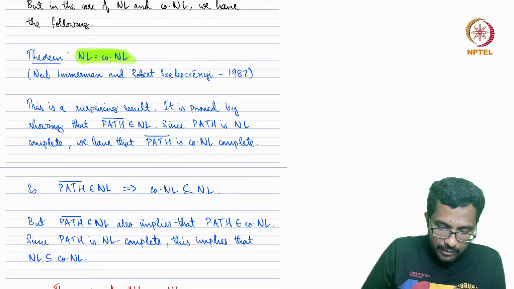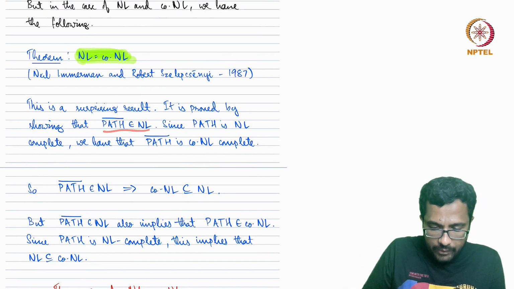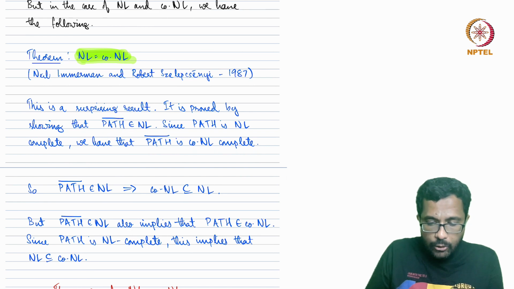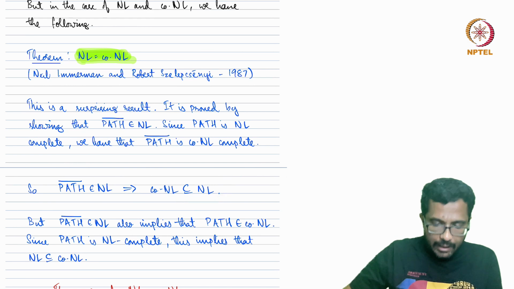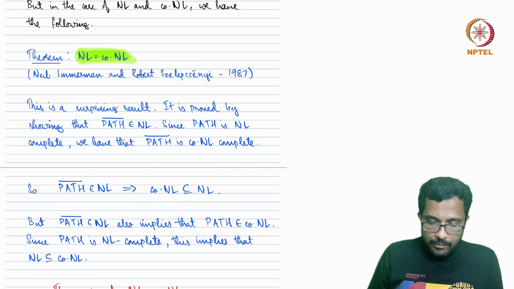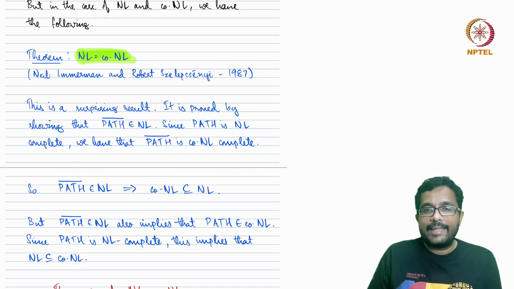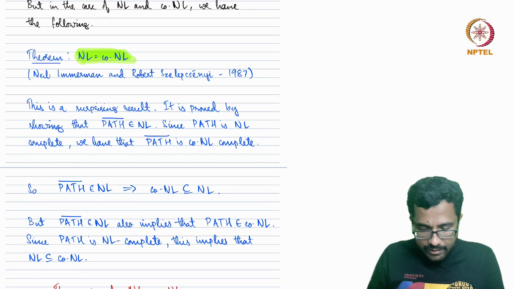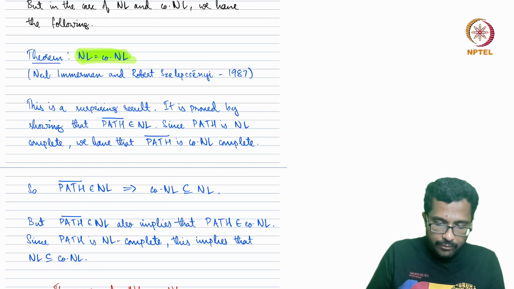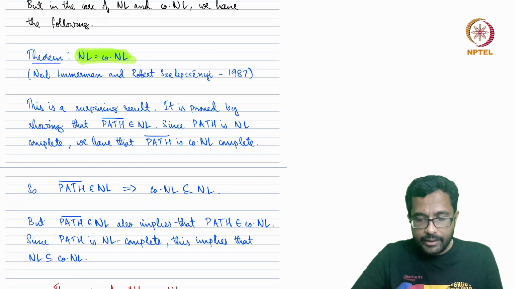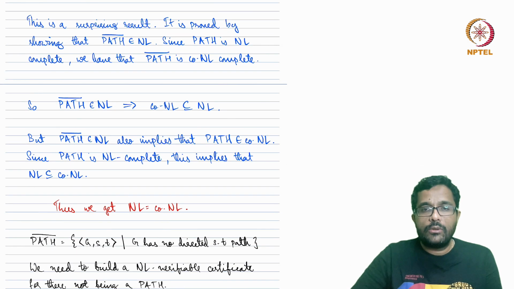So the fact that the complement of PATH is in NL and is co-NL-complete implies that co-NL is contained in NL. The same argument can be flipped, because the complement of PATH being in NL implies that PATH is in co-NL, and we know PATH is NL-complete. This gives us that NL is contained in co-NL. Together we get that NL is equal to co-NL.